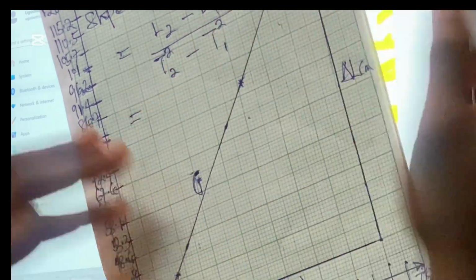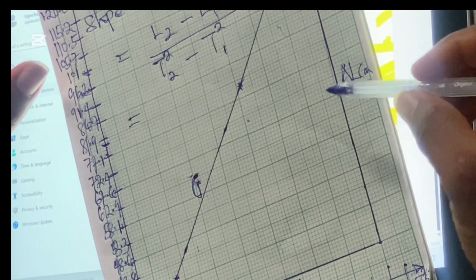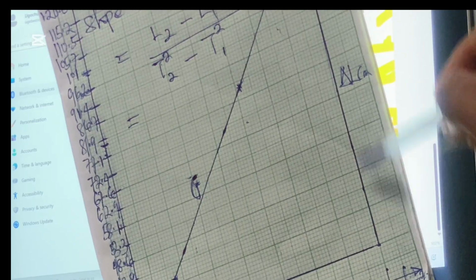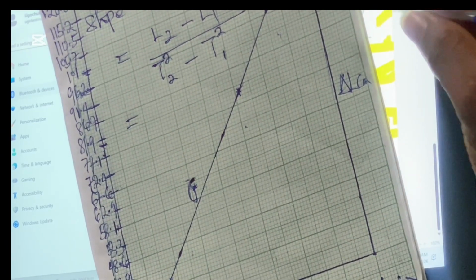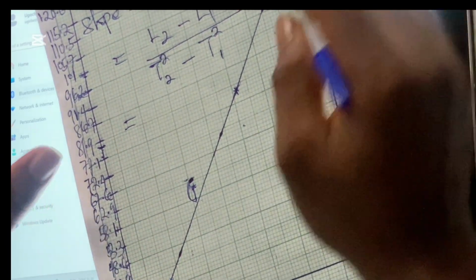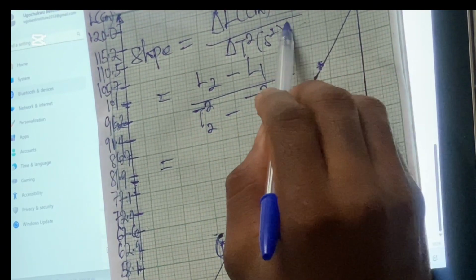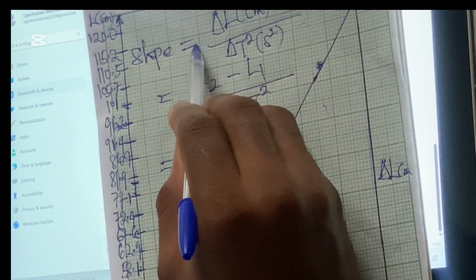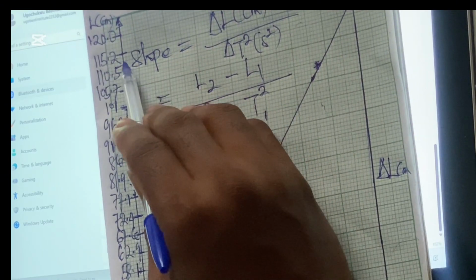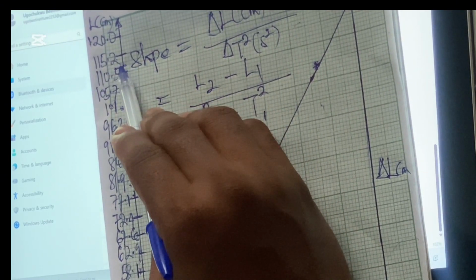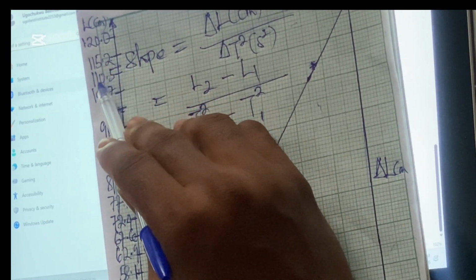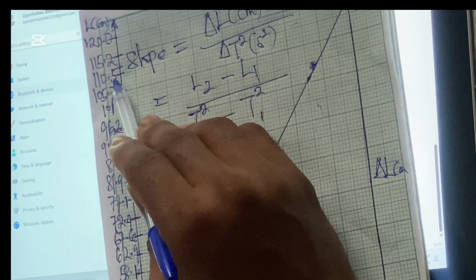Class, let's identify L2 from this slope here. Let's take the L axis, which is this axis here. Let's point the ending point, that is this point here. You trace it to the end. So this is this point here. So remember, we have 110.5.